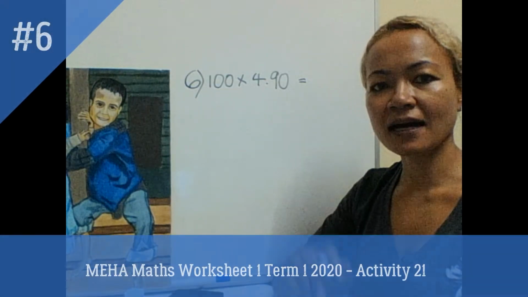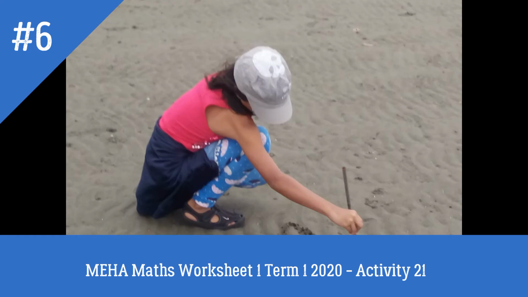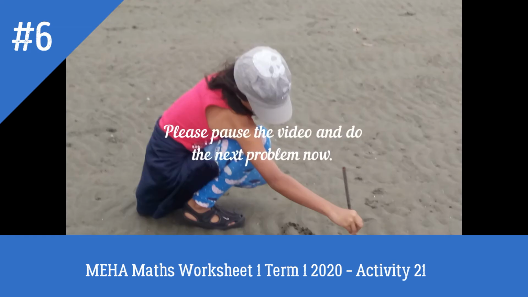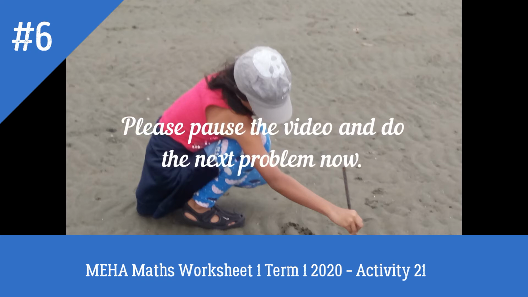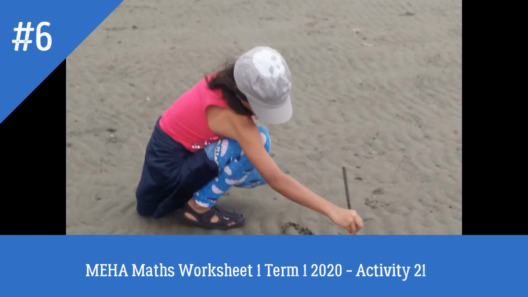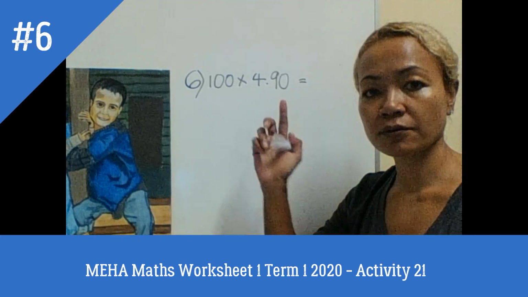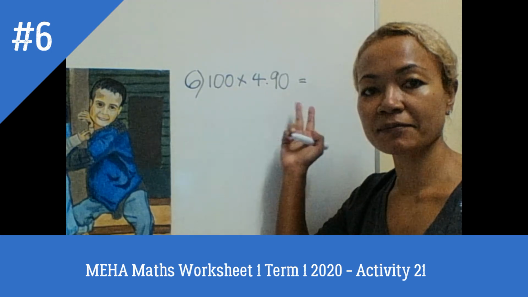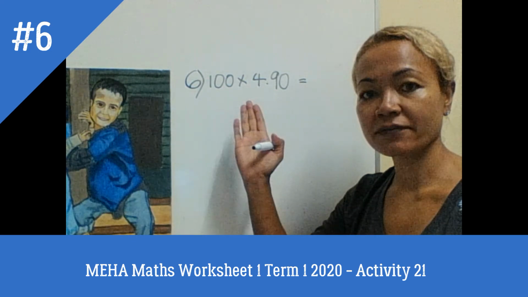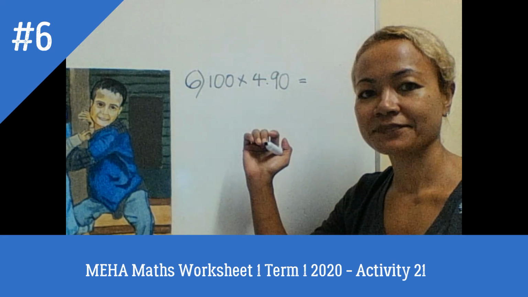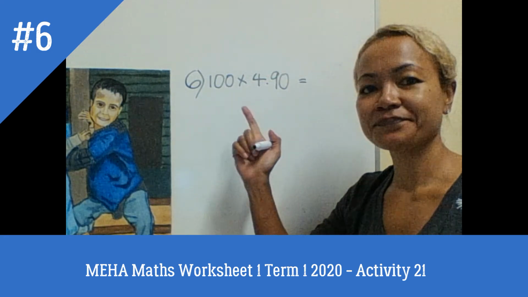Number 6, 100 times 4.90. 2 decimal places, 2 zeros, sorry. So I'll let you solve it now. Did you get it?